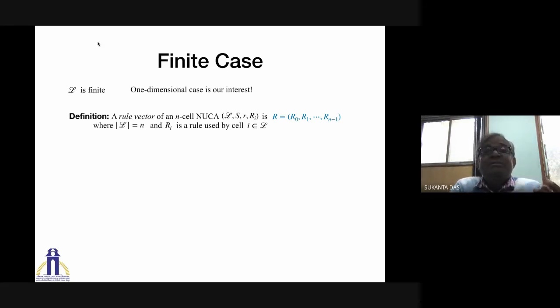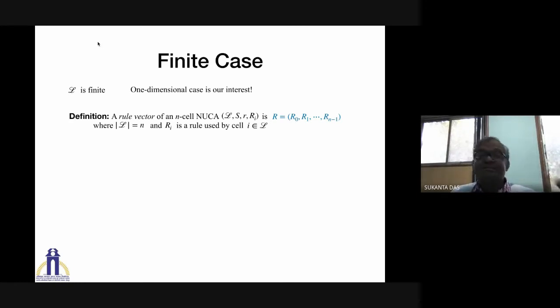Historically, almost all works that deal with non-uniform CA, these CAs are finite. Number one. Number two, almost all works use a one-dimensional lattice.